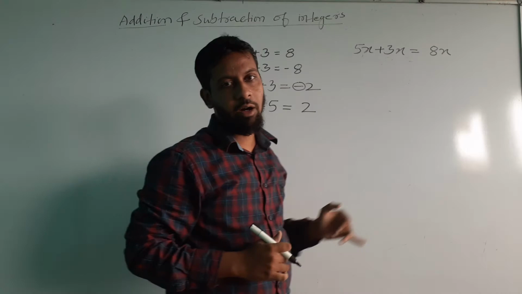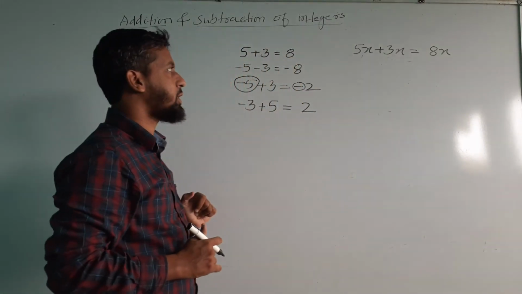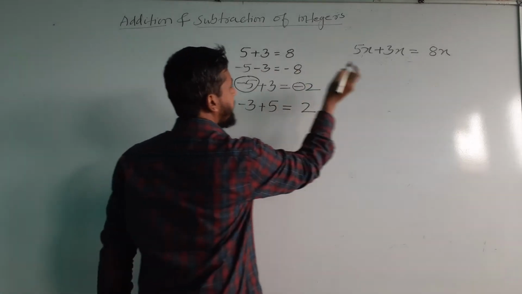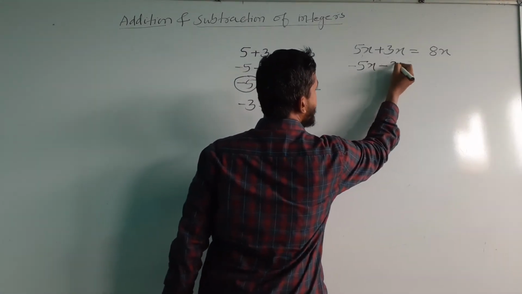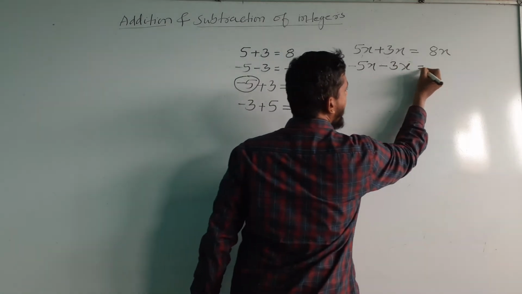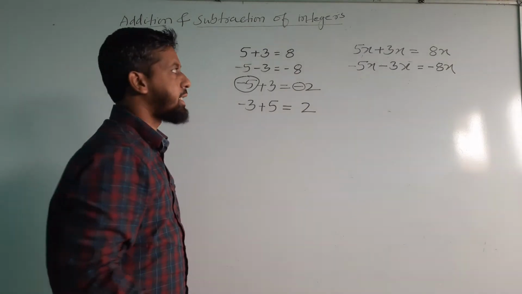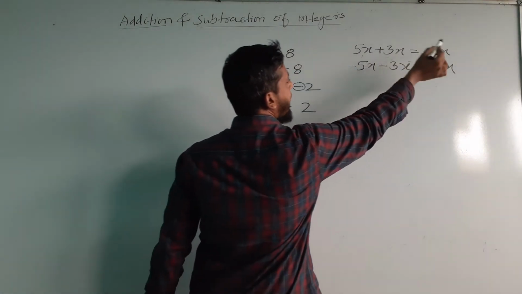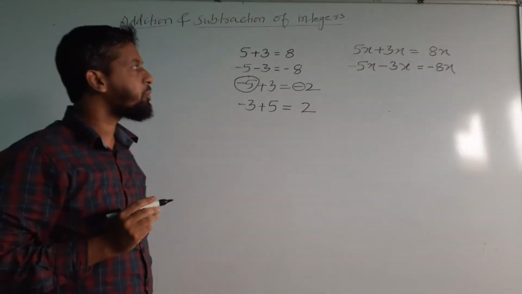That is wrong answer. Right answer is 8x. The same thing happens with the sign. -5x minus 3x will give you -8x. As I told you before, same sign we add, different sign we subtract.